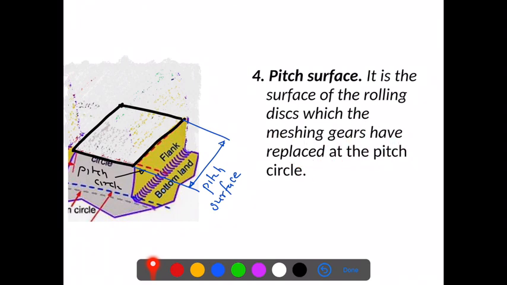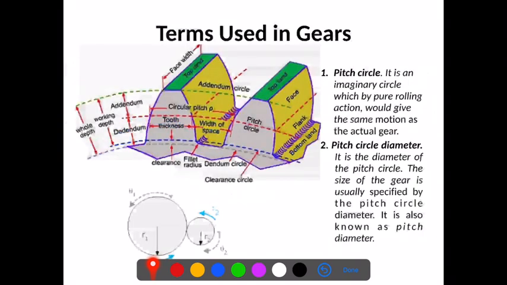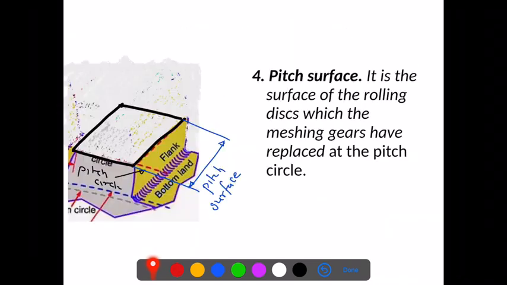If we take a cross section of this and cut this, then whatever surface we get at this pitch circle is called the pitch surface. This is the pitch surface.